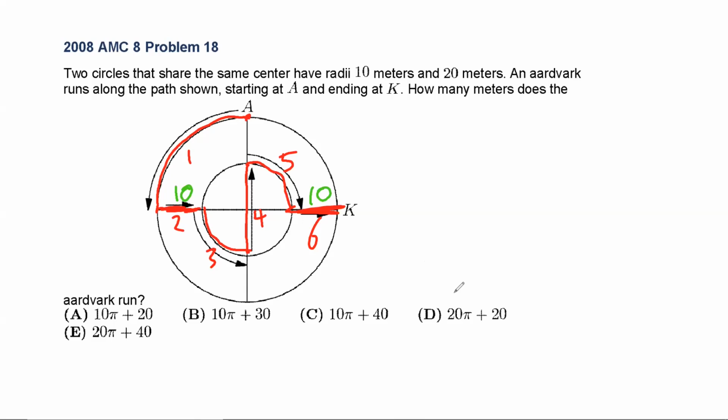The radius of the smaller circle is 10 meters, so this distance is 10. And so the circumference of the entire big circle is 2 pi r, which is equal to 40 pi. But since we're only going a quarter of the way around, it's actually a fourth of that, which is 10 pi.